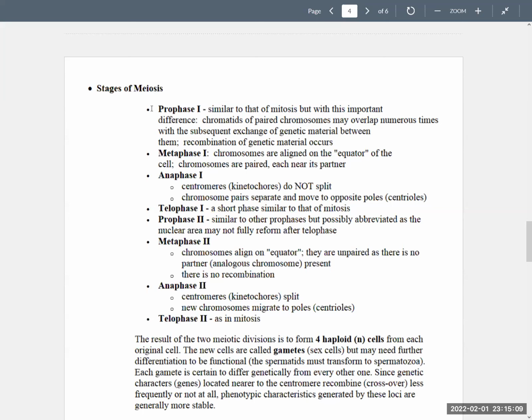Okay, in the stages of meiosis, which, as I said, occur only in the ovary or the testes, prophase 1 is similar to mitosis with an important difference. In prophase, the chromosomal material is loose. It's chromatin. The chromatids of paired chromosomes can overlap numerous times.